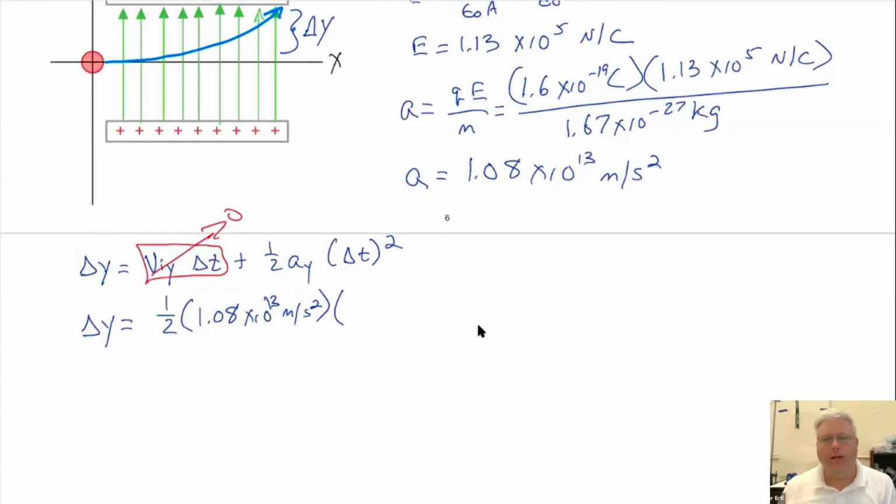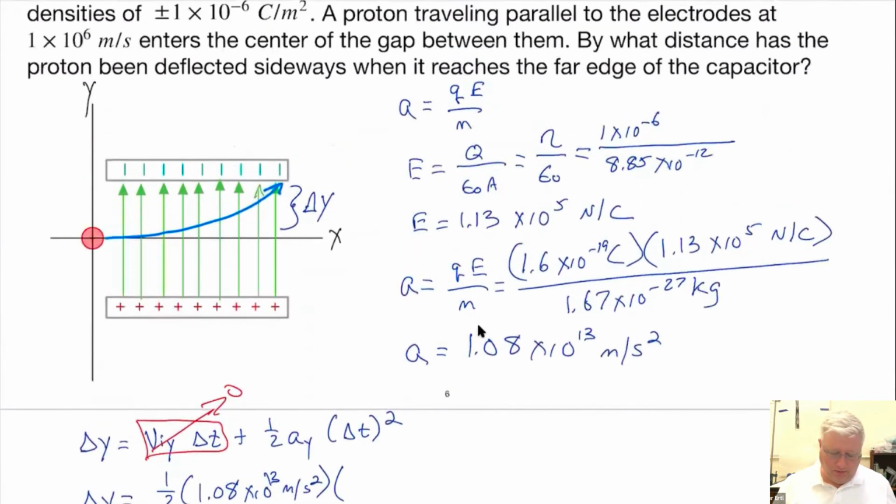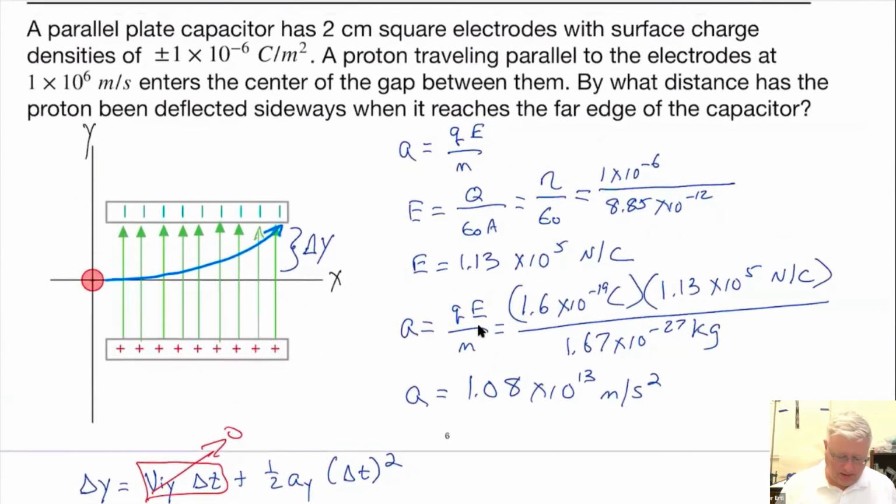Ooh, we don't know the time interval. But recall, from projectile motion and the constant acceleration model in general, what do we know about the time? We want to know the time it takes while it's being deflected along the y-axis, but that's the same as the time it takes to move horizontally.